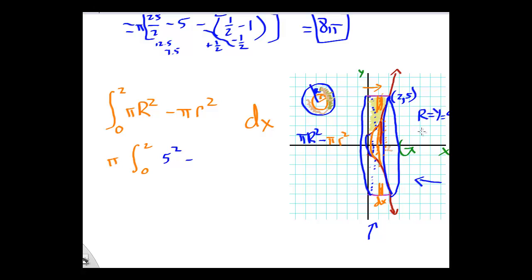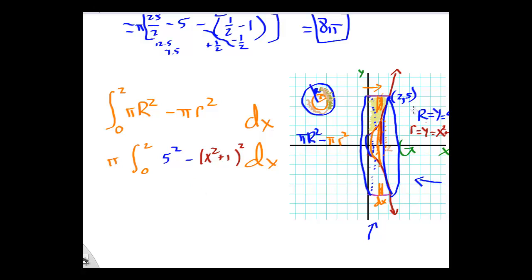Little r is, kind of like we did here, a y coordinate, but it's based on x squared plus 1. I want to be sure you can see that. Okay, now we can put that in. We are taking this radius squared, which is x squared plus 1, quantity squared, and this is still in terms of dx integration. So this is how we build a problem like this.